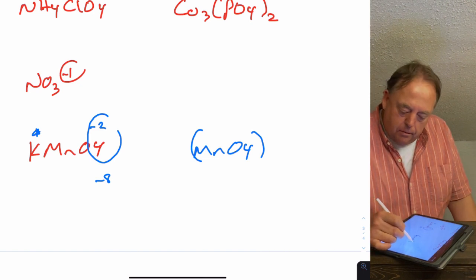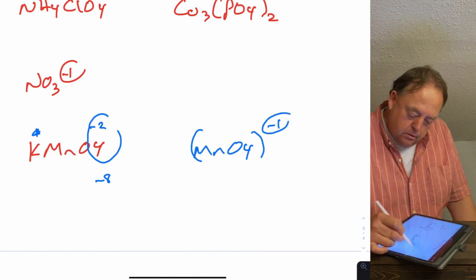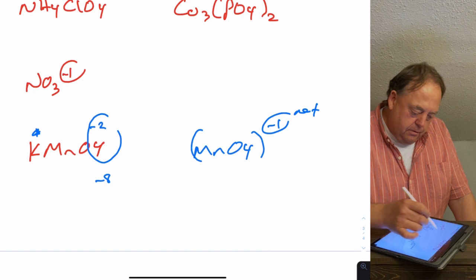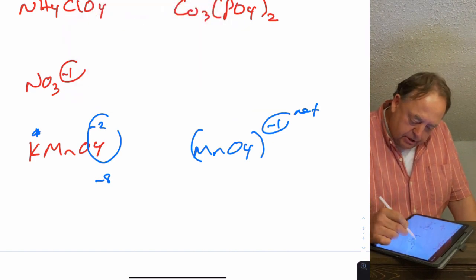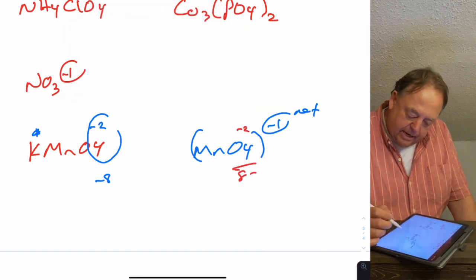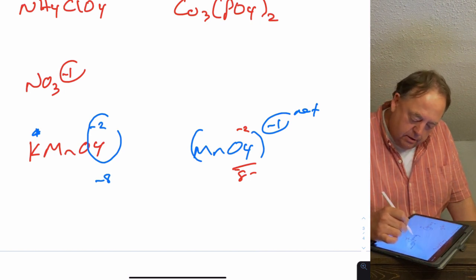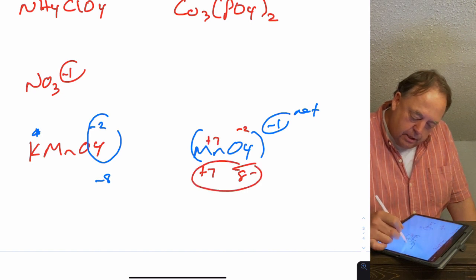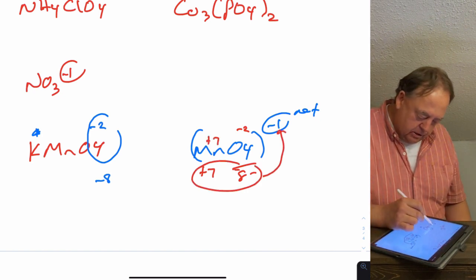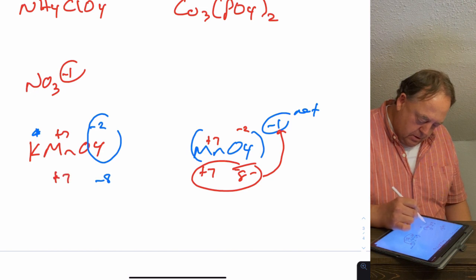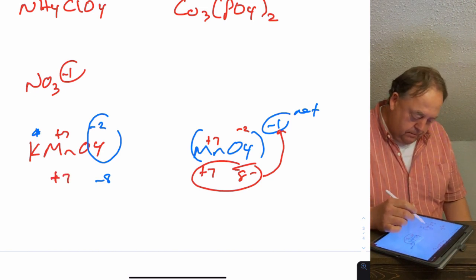So what's the charge on permanganate? Its net charge is -1. So if oxygen is -2, and that's 8 negatives, then what does manganese have to be so that the sum is -1? Then manganese must be +7. And then they sum to -1.